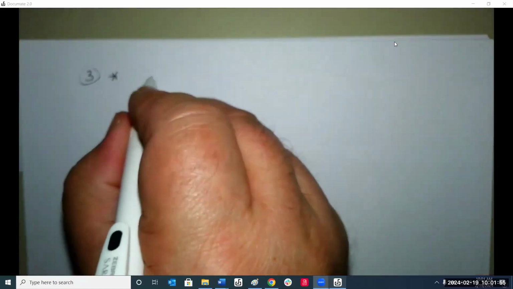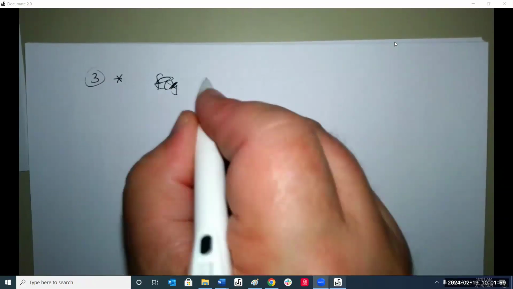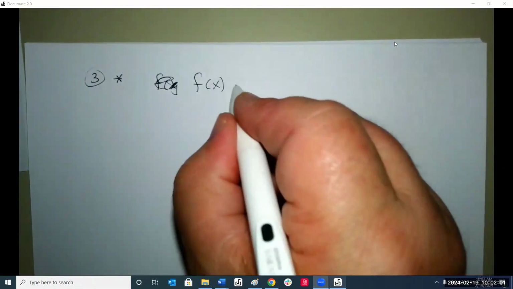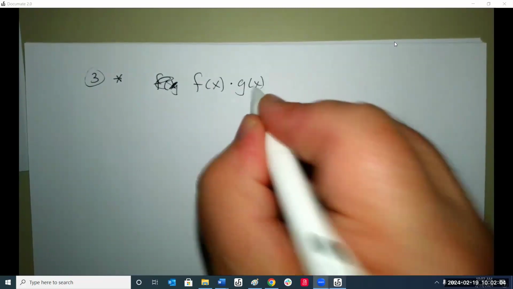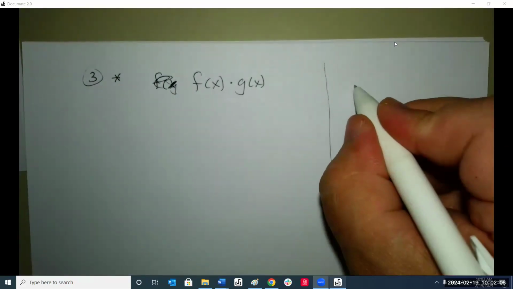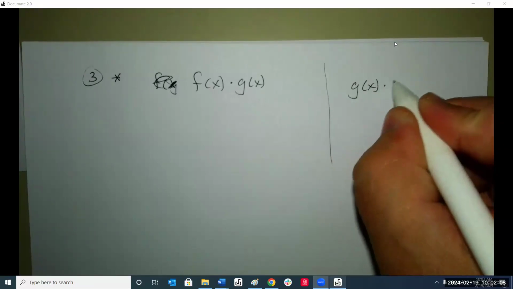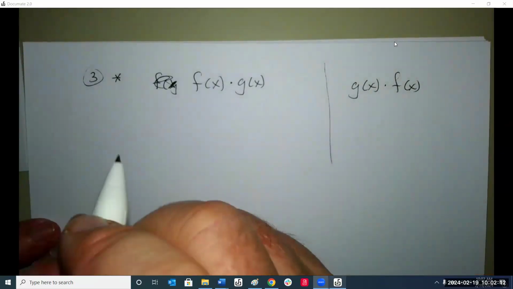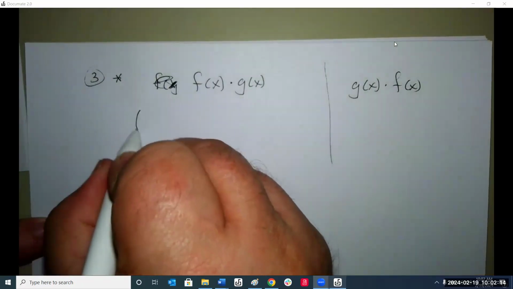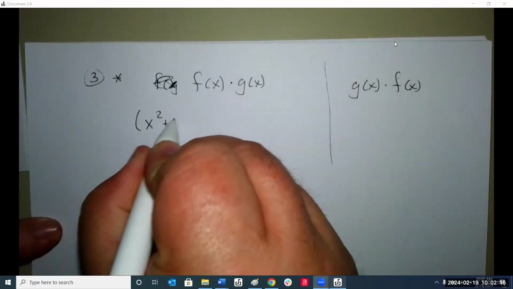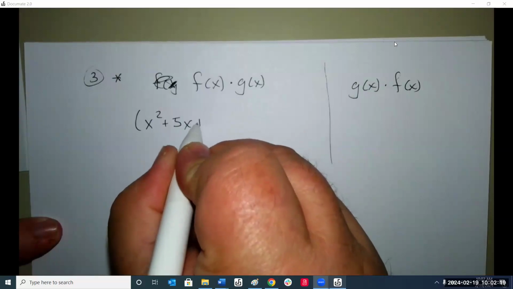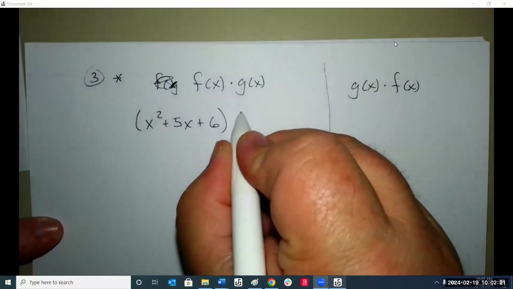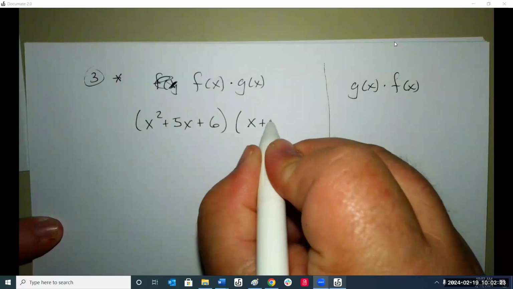Let's look at multiplication. So we have f of x times g of x and g of x times f of x. So f of x is x squared plus 5x plus 6, and g of x is x plus 2.